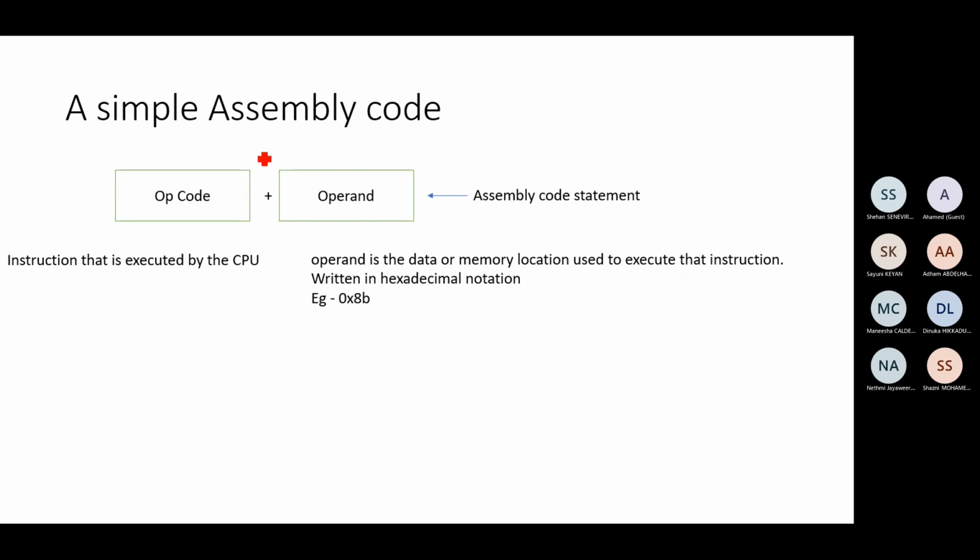We'll take a simple example of an assembly code: opcode and operand. Right? Don't worry about this technical jargon. For the first time, it might be a bit heavy, but if you have gone through the lectures conducted by Dr. Ganesh, and some additional references, I'm pretty sure this is not a big deal.